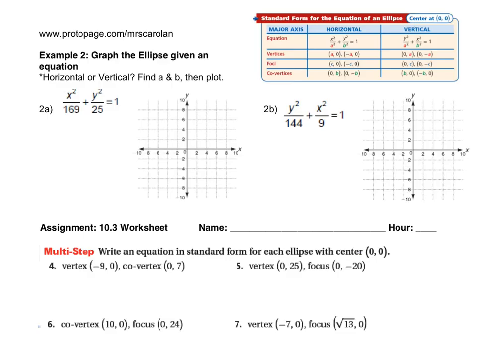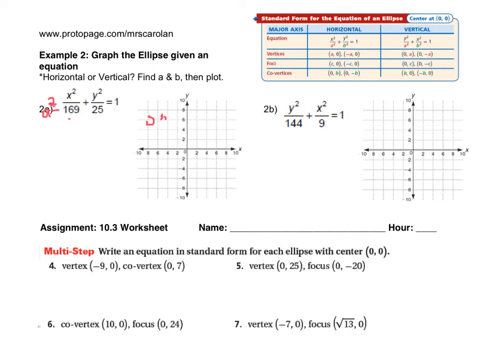All right, let's graph these. Let's take a look at these numbers. We have x squared over 169 and y squared over 25. So what's going to happen is we are going to solve for a and b and plot the points. So a squared is underneath the x squared, so I'm going to write a squared right here.